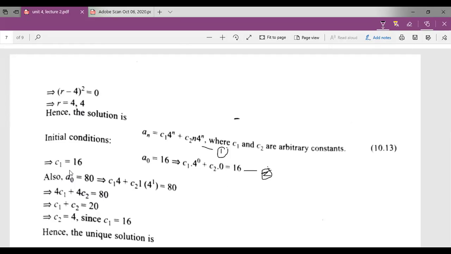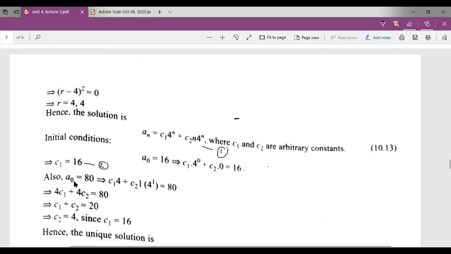And C2 into, here the n value is 0, so the C2 term becomes 0. So the equation is C1 is equal to 16. So this will be equation 2.